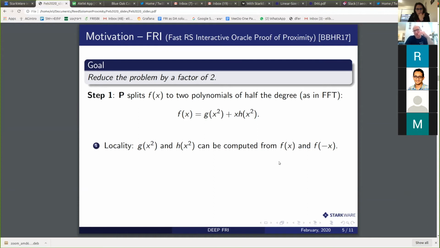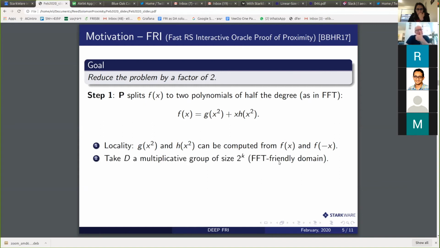This is just like in the FFT. So you can use g of x squared and h of x squared to deduce both f of x and f of minus x, and it's an invertible linear transformation having fixed x. So you can also go from f of x and f of minus x to this thing. So two queries into the table that f gives you will give you one query each from G and H.